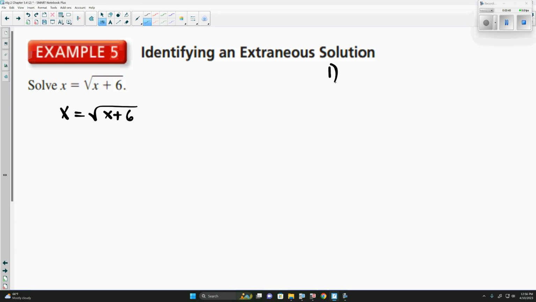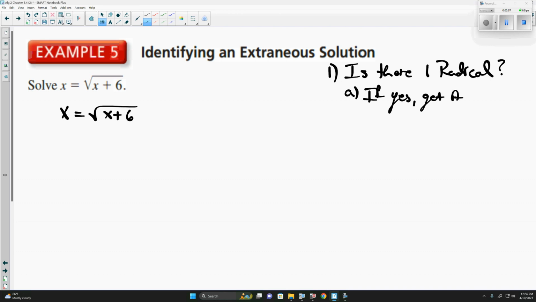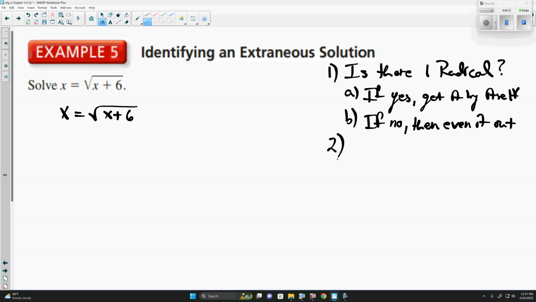Our first main step: is there one radical? If yes, get it by itself. If no, then even it out. Step 2: put both sides to the nth power.